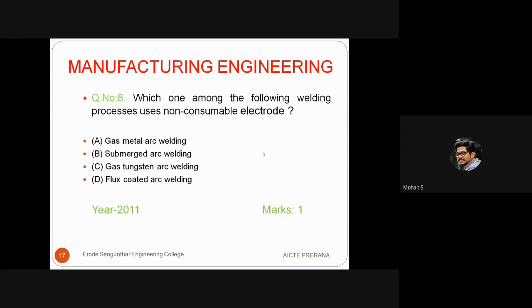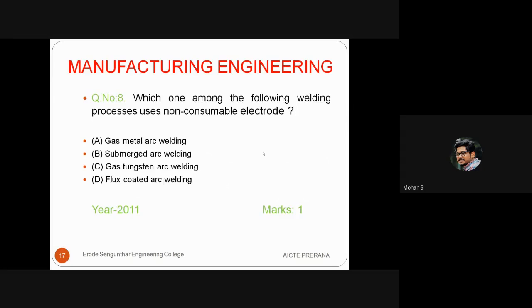A bare electrode is an electrode that is not surrounded by a flux coating. So submerged arc welding uses a consumable electrode. The consumable electrode will be in the form of a reel. We will have a separate feeding unit for submerged arc welding. We have already seen that. So you clearly know that that will not be the right answer.